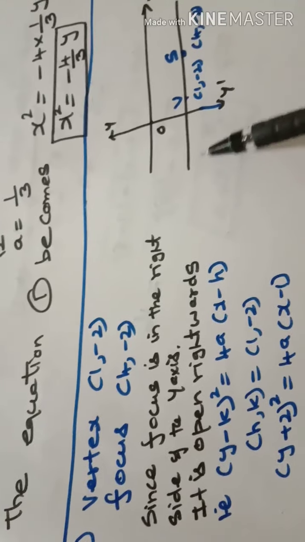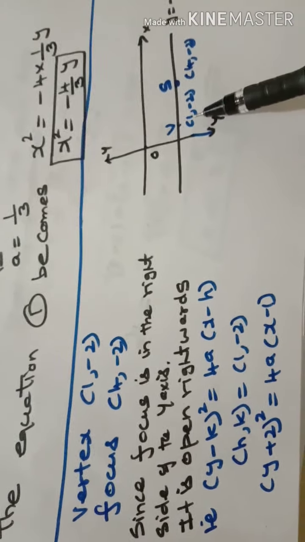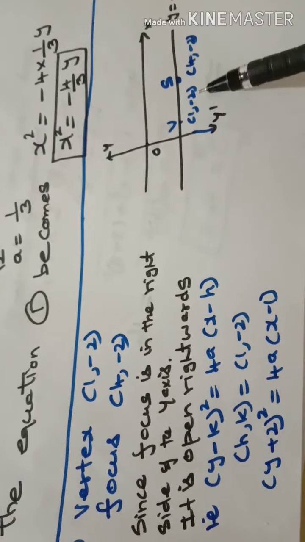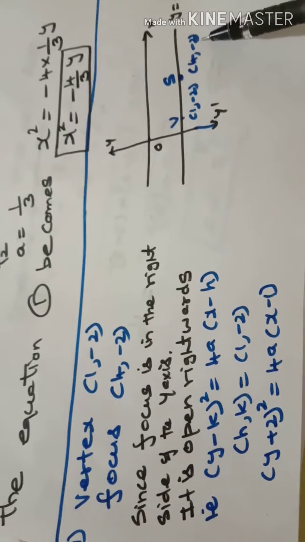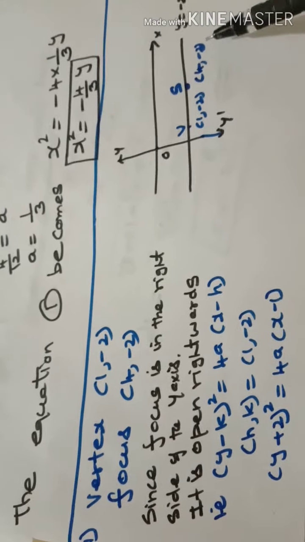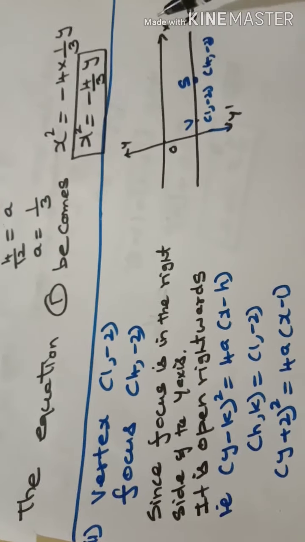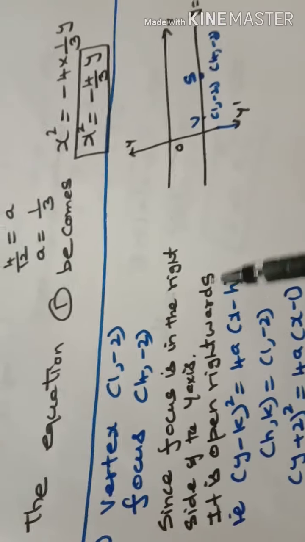So we draw the line here, y equal to minus 2. The vertex is (1, -2) here, and S is marked here as (4, -2). So it is on the right side of the y-axis, so it will automatically be open rightwards.